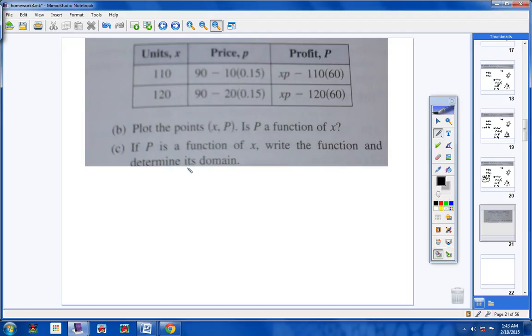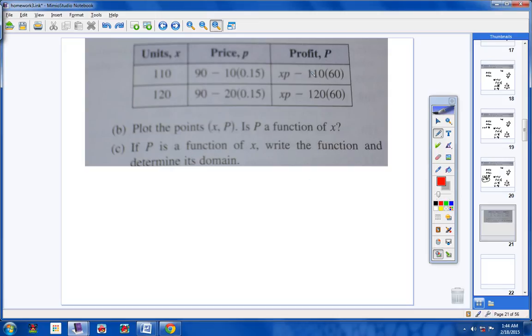So what they're looking at is this. If P is a function of x, they want the function to be written, profit P. So they really give you the whole thing right here. If P is a function of x, write the function. What function? Write the P function.